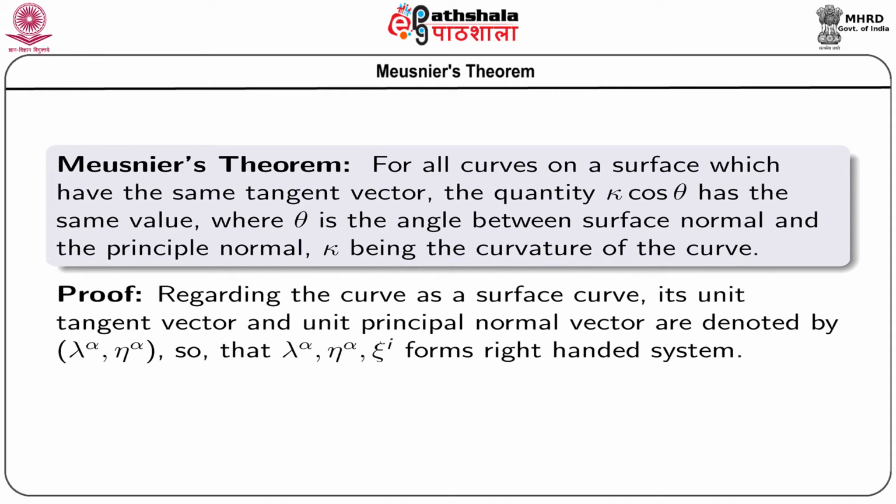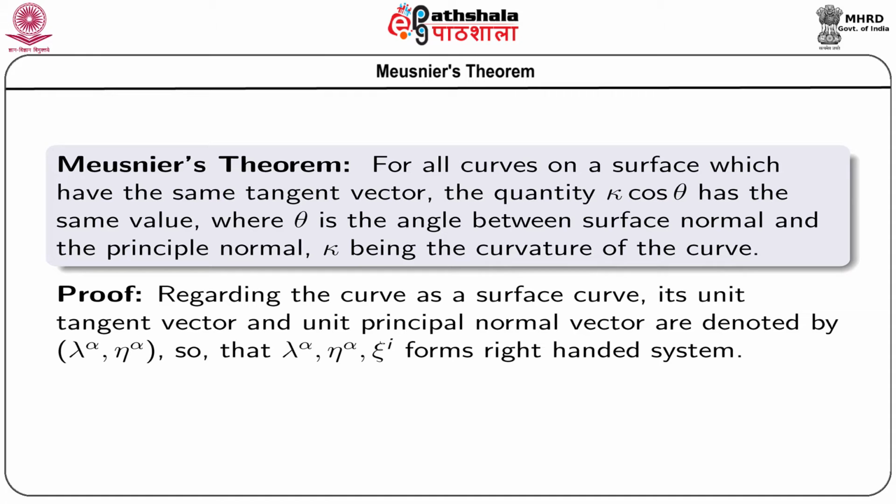If we consider the curve as a surface curve, its unit tangent vector and unit principal normal vector are denoted by lambda alpha, eta alpha.